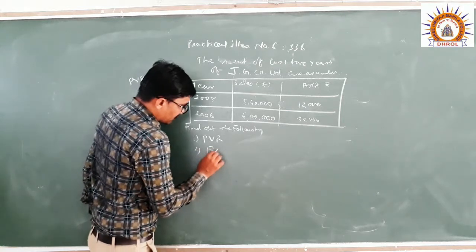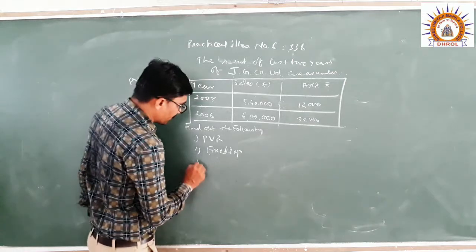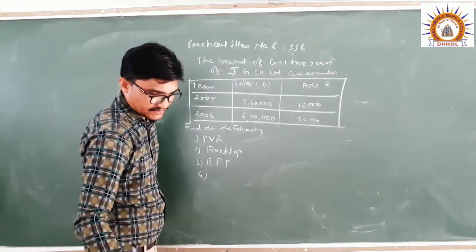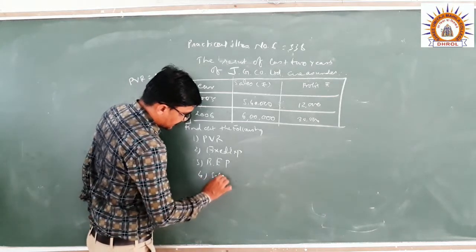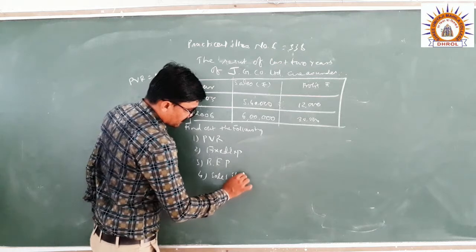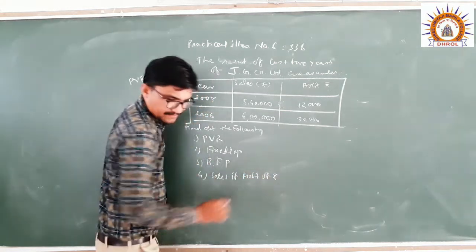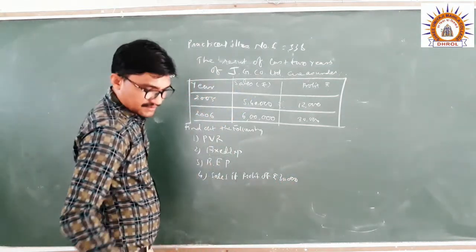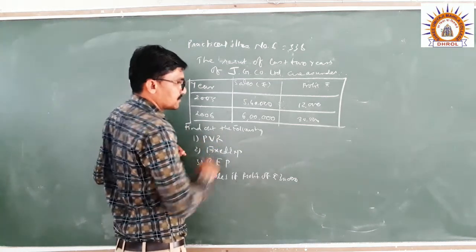Then second, find out the fixed expense, third, find out BEP, the break even point, and the fourth is to find out the sales if profit is rupees 30,000. These are the questions you are required to answer.